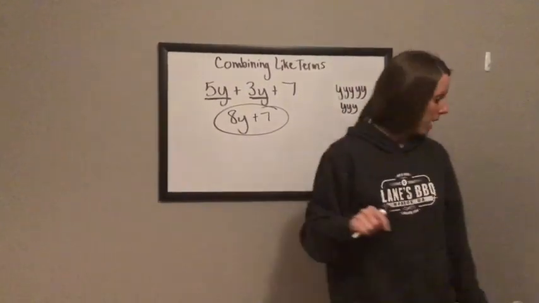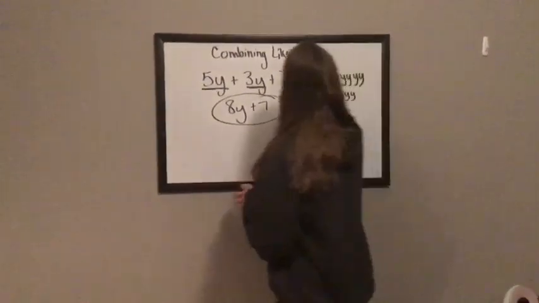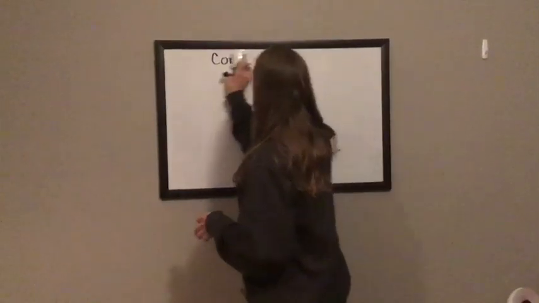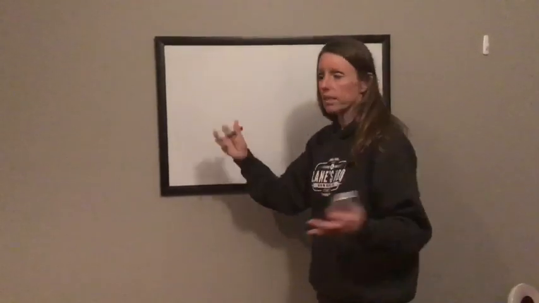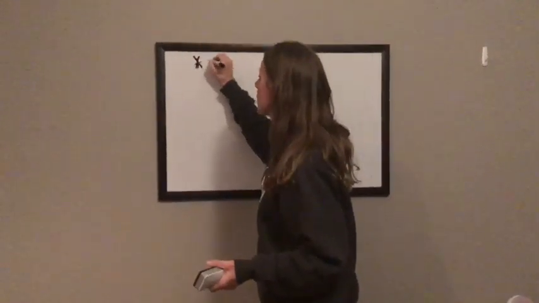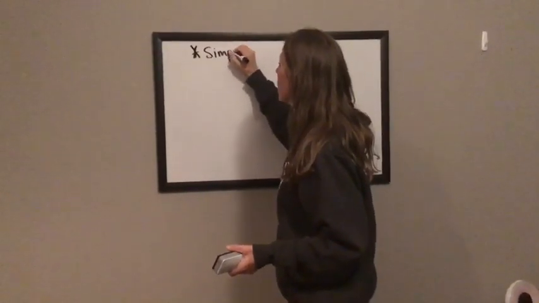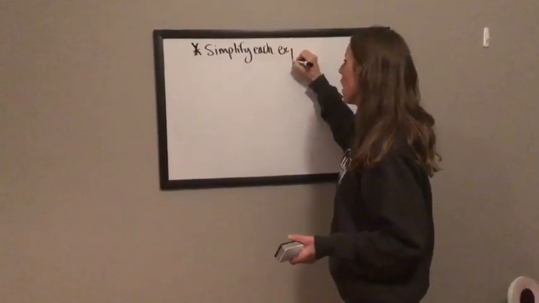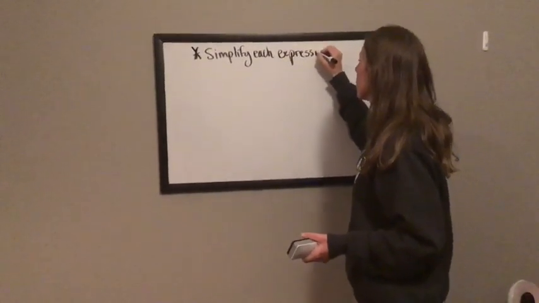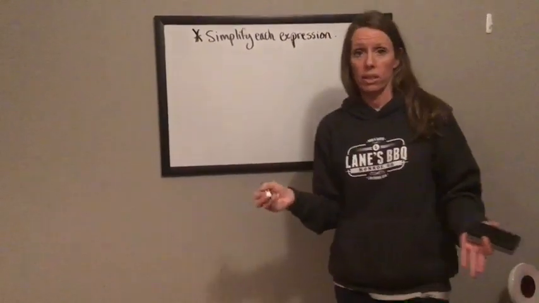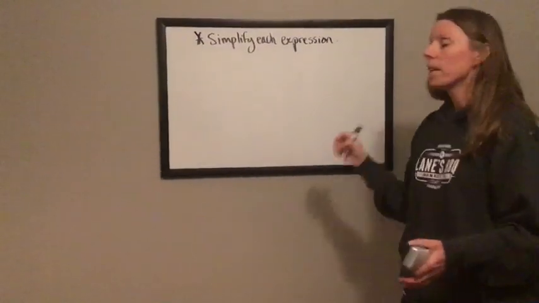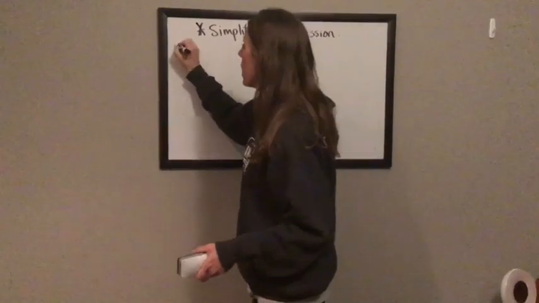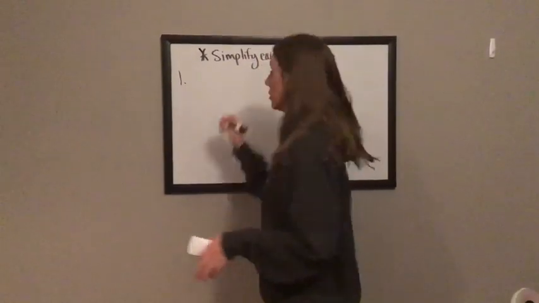All right, let's try another one. When you do the assignment next, it's going to say simplify each expression. That's what it's going to look like. You might want to write these down.